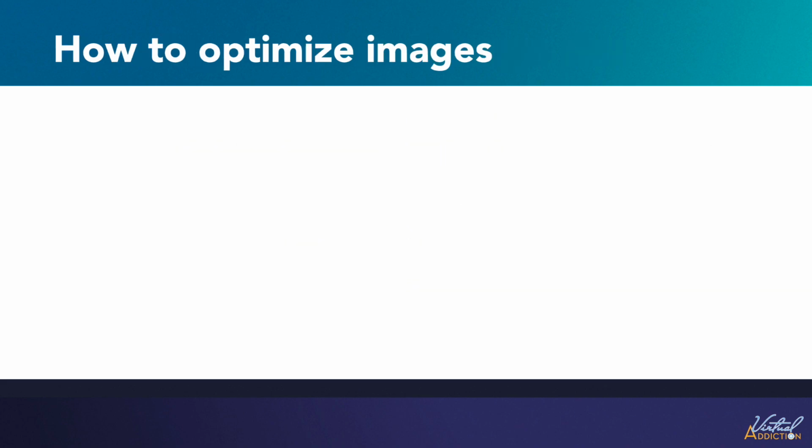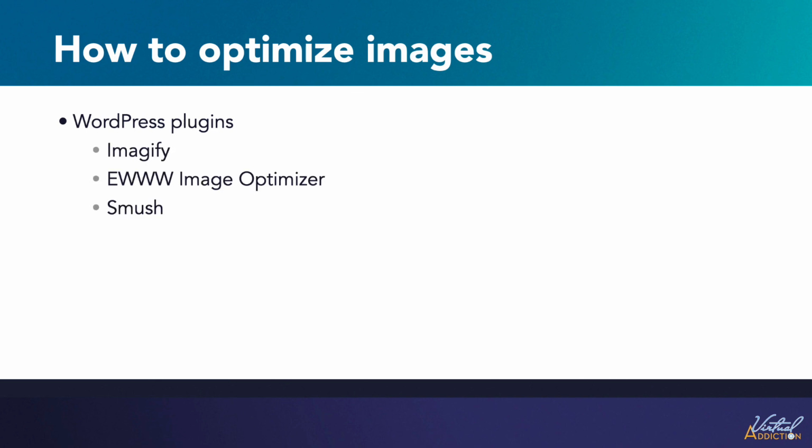There are several different methods that you can use to optimize images. Firstly, you can use a WordPress plugin. You already know how to add plugins, and I will show you some specific image optimization plugins in just a moment. There are a plethora of image optimization plugins that you can choose from, but here I have given you some suggestions.